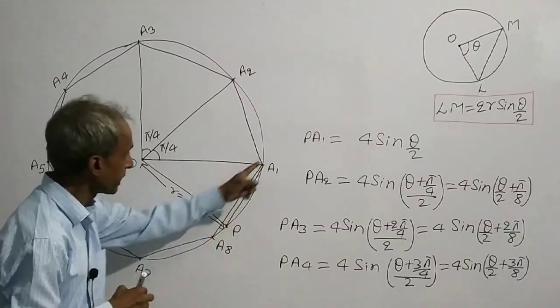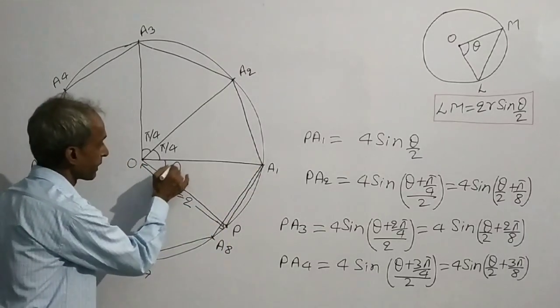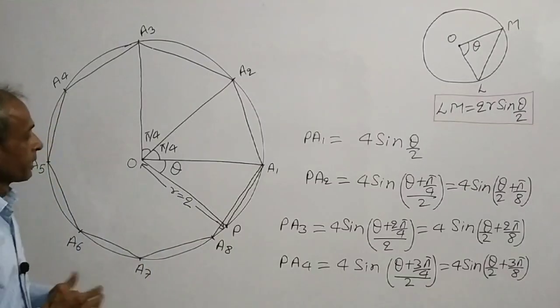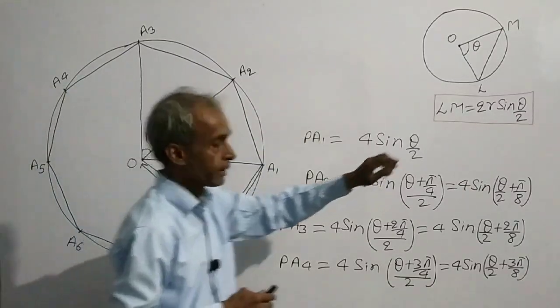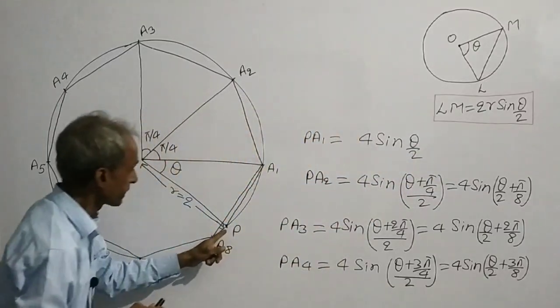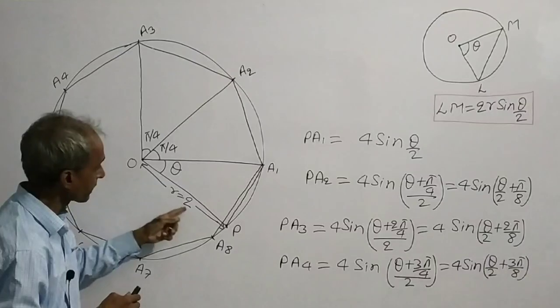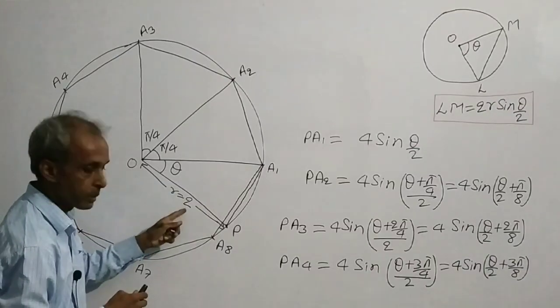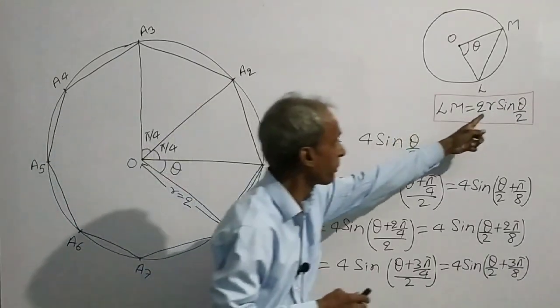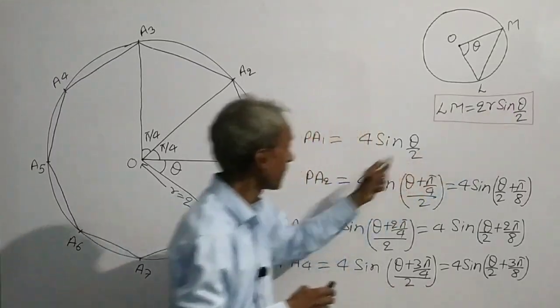Suppose PA1 subtends angle theta at the center. Then by using this result, for the length PA1, here R is equal to 2. When we put 2 in place of R, we get 4 sin theta by 2.